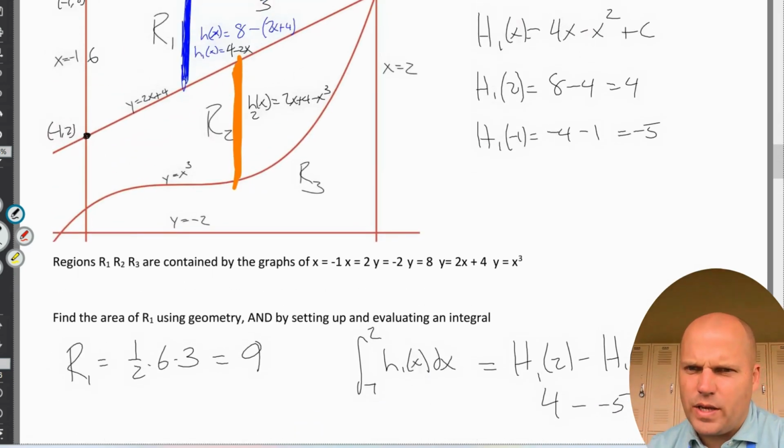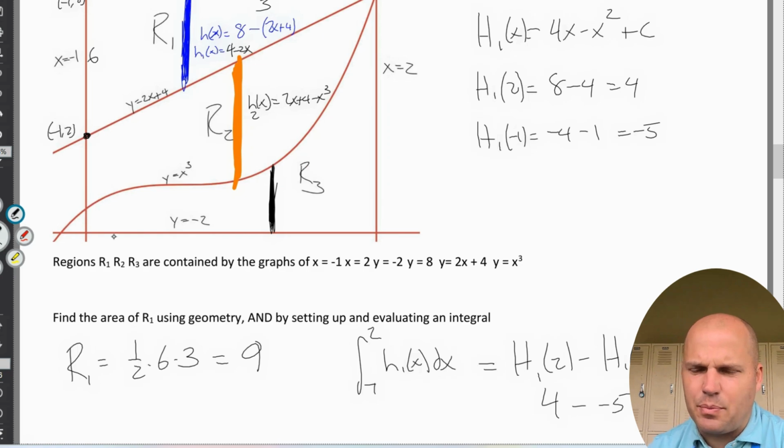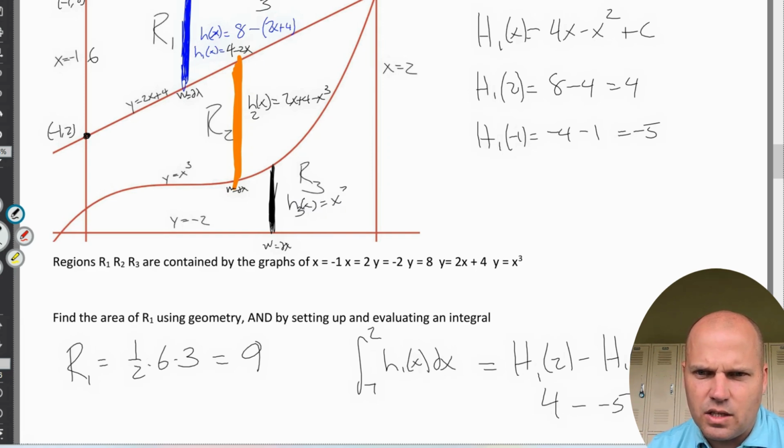R3, we got this region, a representative rectangle. We're summing them up. Their heights times the width. The width is a small x distance. The widths of all of these are a small x distance. The heights here, this is H3, is going to be the top minus the bottom.